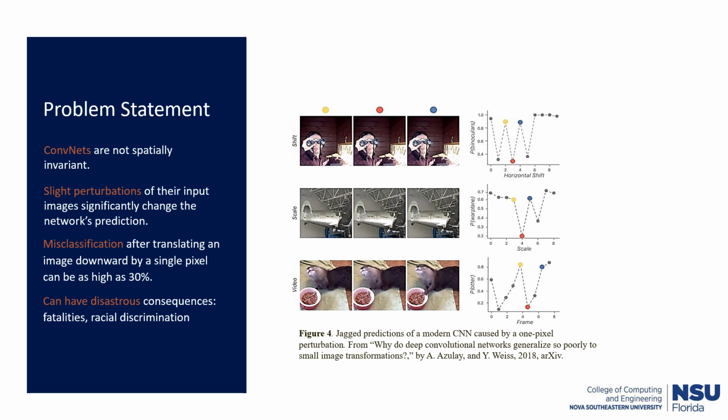If we look at the image on the right here, a study was done by Azulay and Weiss, which showed that translating an image downward by a single pixel resulted in as much as a 30% misclassification. This is very bad because it can lead to disastrous consequences, like fatalities in autonomous vehicles or even racial discrimination.